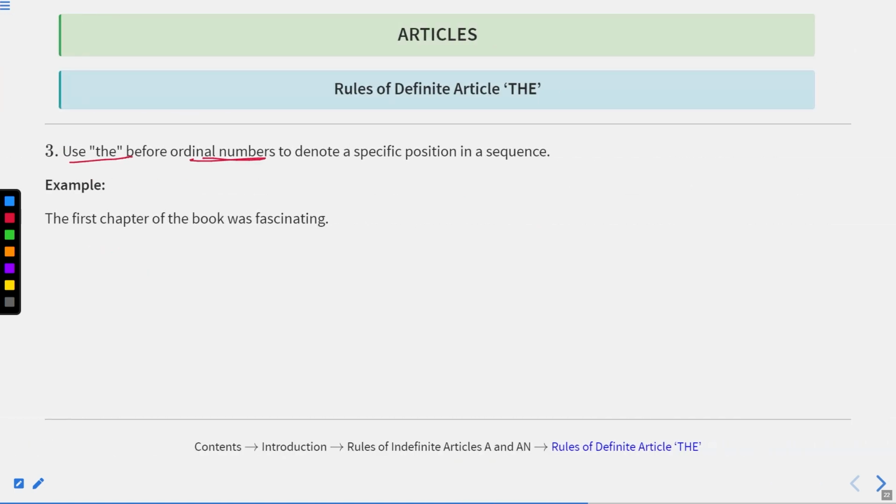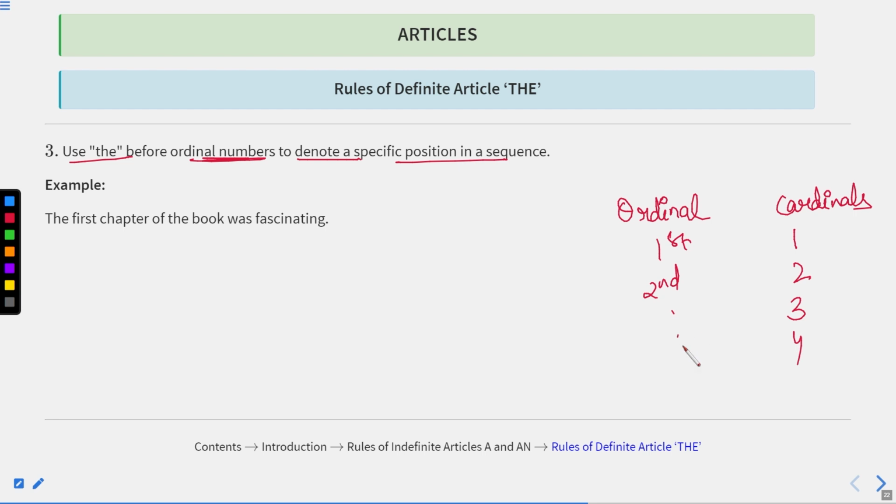Use the before ordinal numbers to denote a specific position in a sequence. Now there are 2 types of numbers. One is ordinal and another one is cardinal. Ordinals are when we say first, second, third in the spellings as well, whereas cardinals are 1, 2, 3, 4, and so on. Now we cannot write ordinals like this.